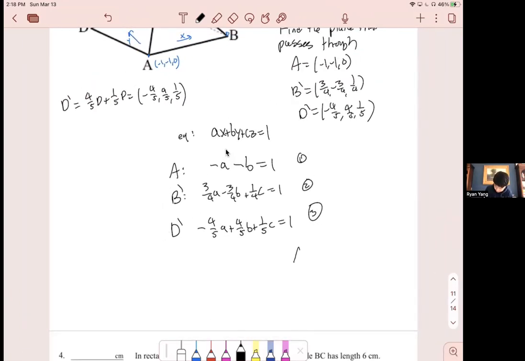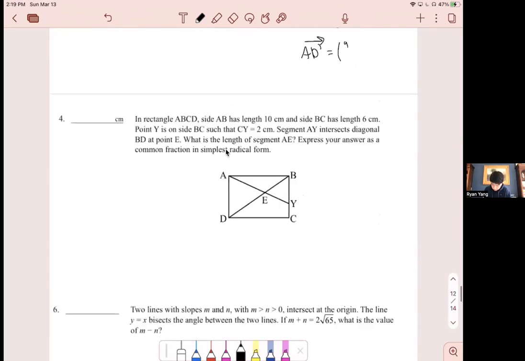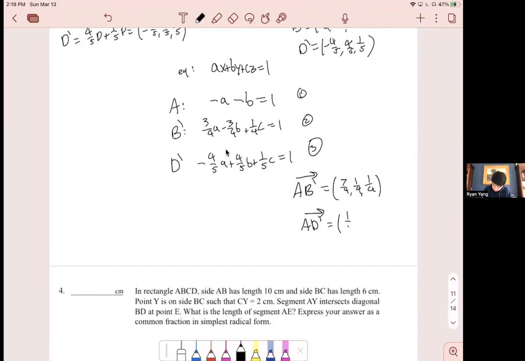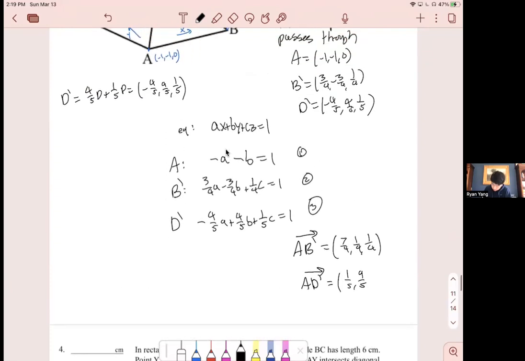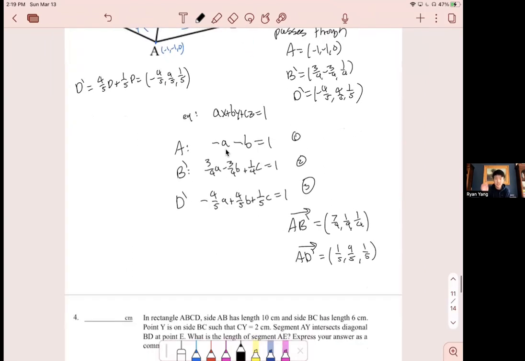The way I did it is I considered the vectors AB prime, which is (7/4, 1/4, 1/4), and AD prime, which is (9/5, 1/5, 9/5, 1/5)... there's this thing that you should look up, which is called the cross product.